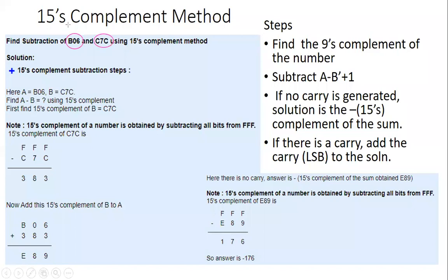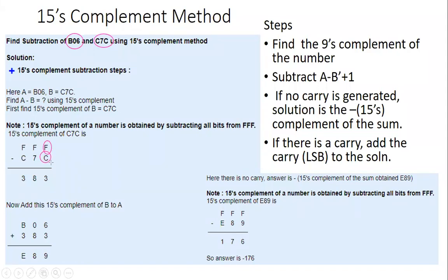Now what we have to do in 15's complement method, we have to take the 15's complement of the second number. So what is 15 in your hexadecimal? It is FFF minus C7C. F represents 15 in hexa notation.